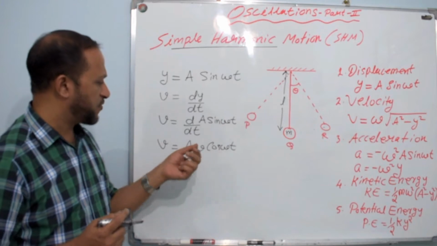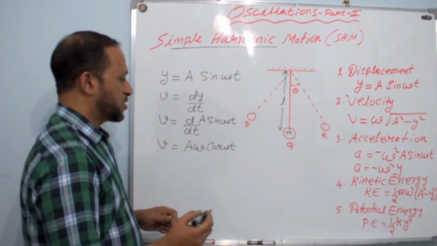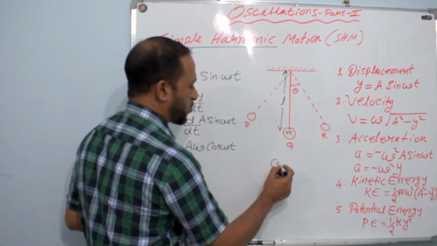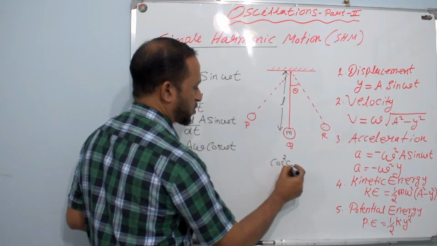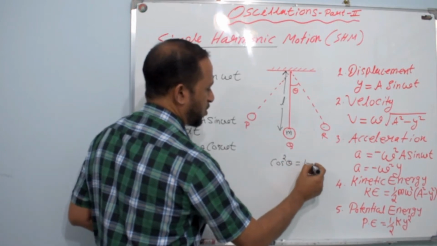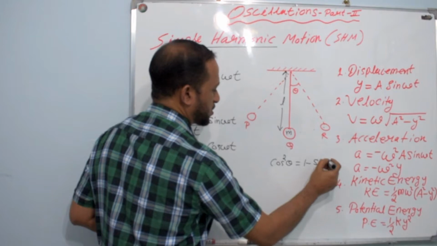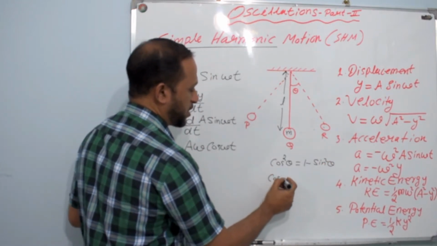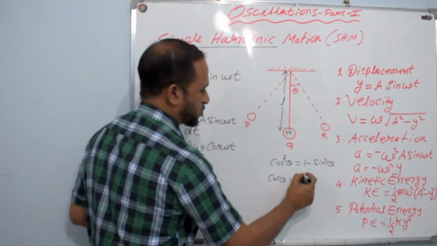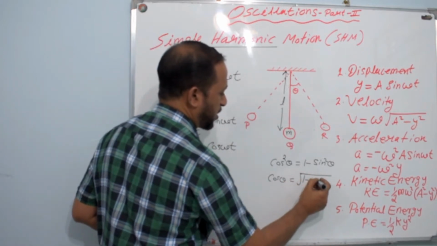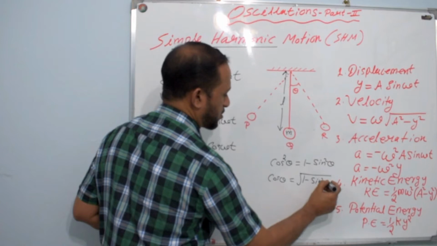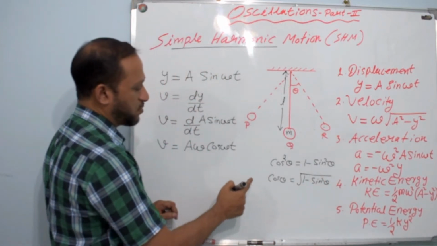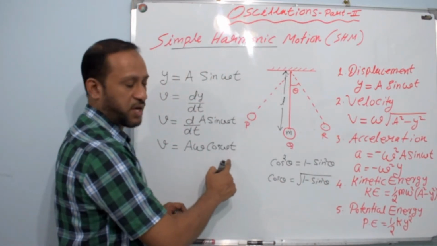Now we can slightly modify this equation. We know that cos square theta is equal to 1 minus sine square theta. So cos theta will be equal to square root of 1 minus sine square theta. Here, instead of theta we have omega t.